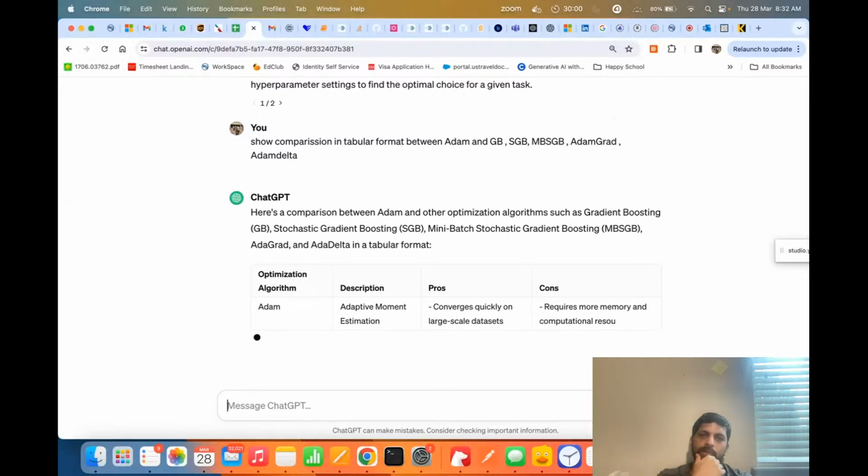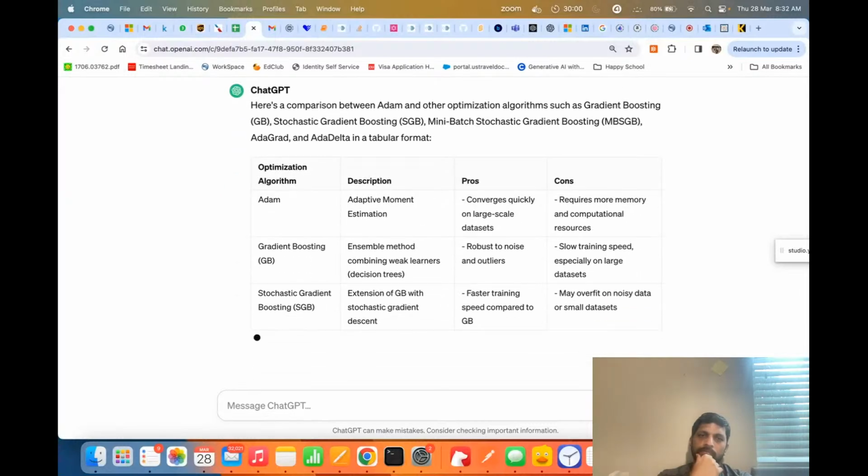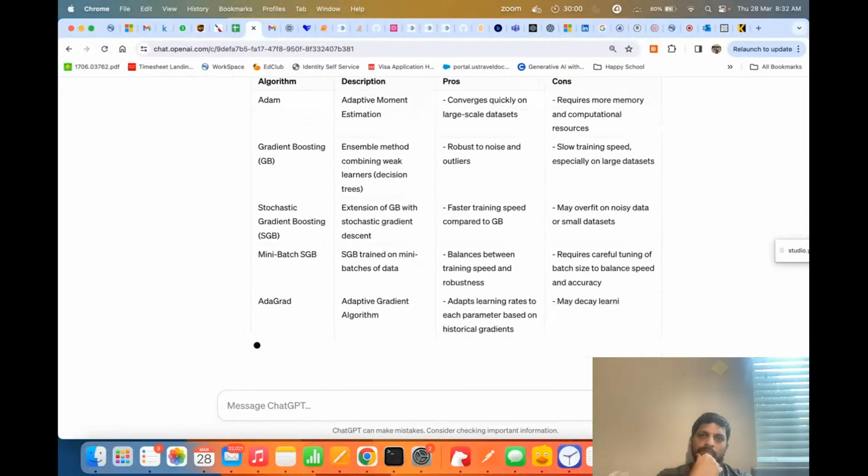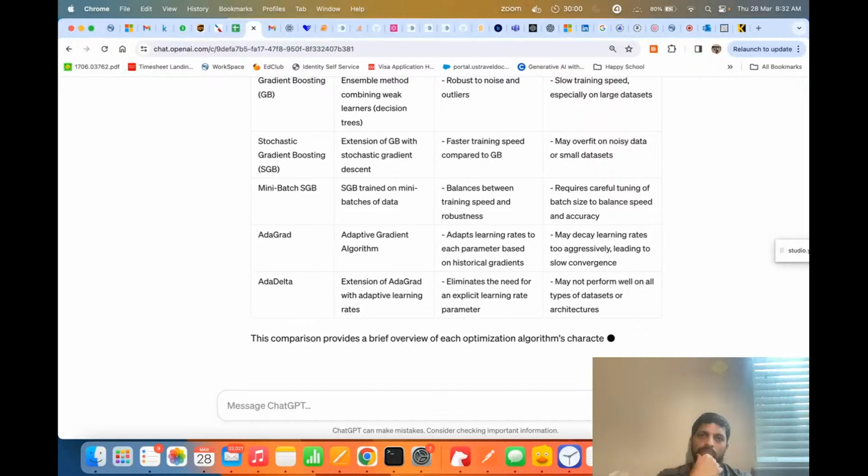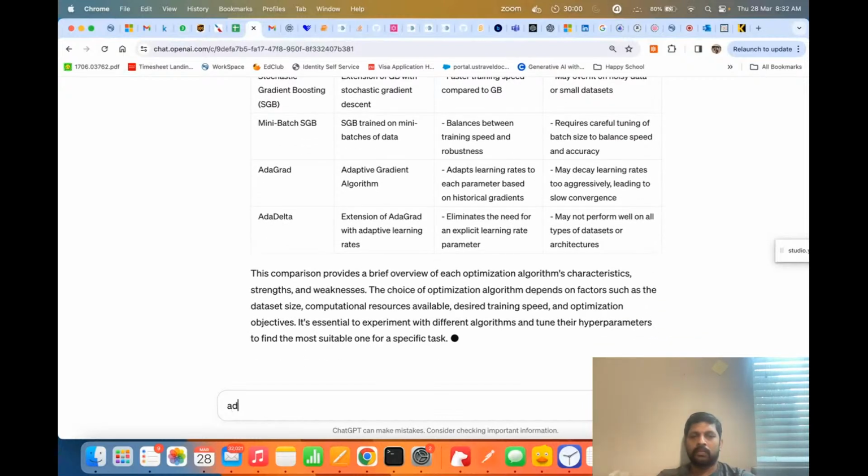Where's the comparison? Okay. Add columns as cost, compute, and time.